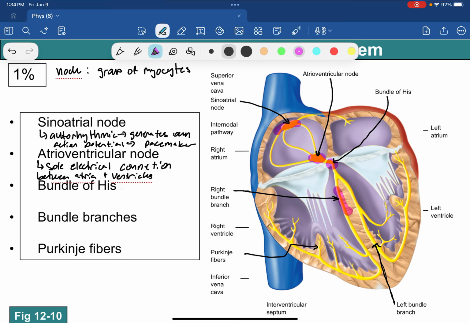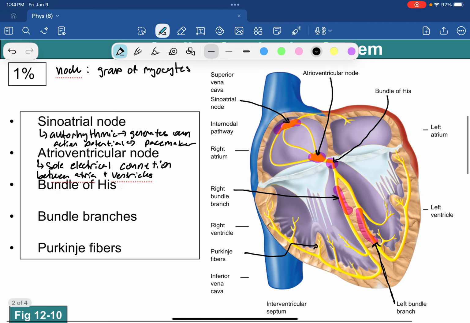Our left bundle branch is right here. These allow the spread to flow around the ventricles. And lastly, we have our Purkinje fibers, which allow the charge to really spread into each cell and allow the ventricles to conduct as well.